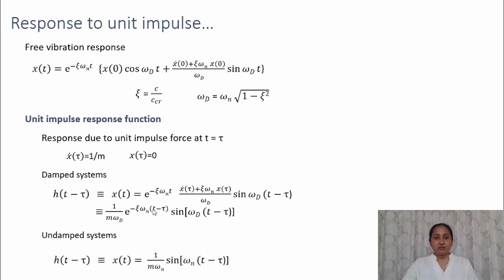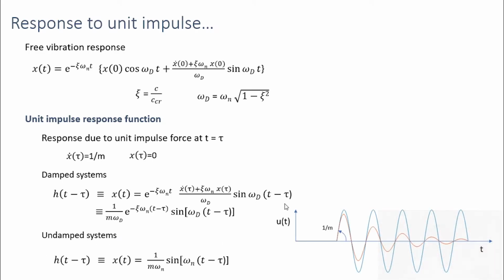For undamped system, this unit impulse response function is equal to 1 by m omega n sine omega n t minus tau. So we don't have this term, and omega d will be equal to omega n when it's an undamped system. This is the plot for both these responses.